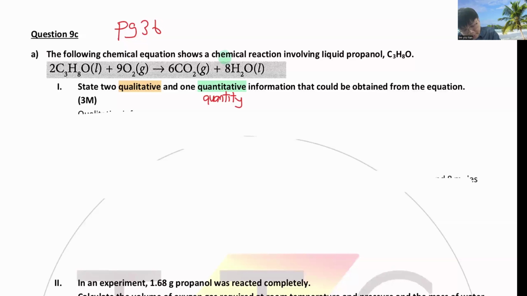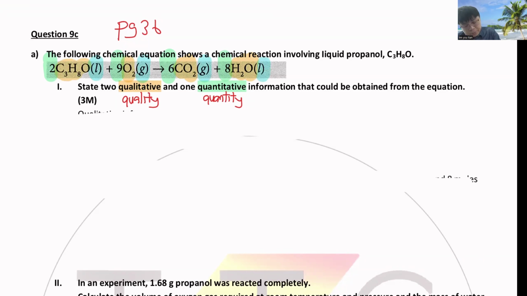The numbers you can see are this one, 2, 9, 6, 8. Okay. Then qualitative, you can think about quality. So quality means this, plus this one.